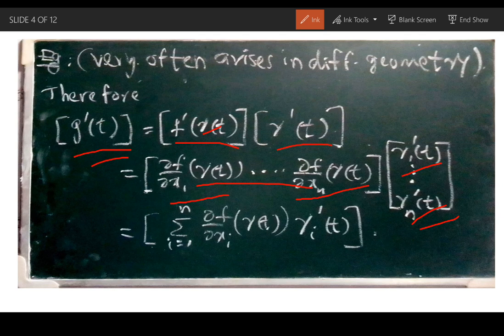So now you multiply these two matrices. How do you multiply? First into first plus etc. plus last into last. So you will get summation i equal to 1 to n dou f by dou xi at the point gamma of t into gamma i dash of t. So this is the matrix of g dash t. Remember, this is a 1 by 1 matrix.